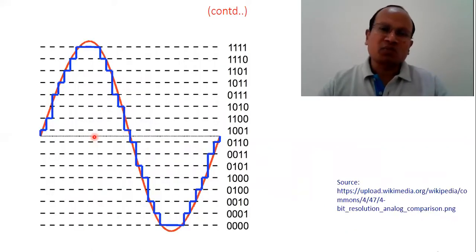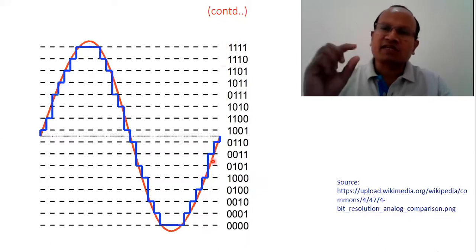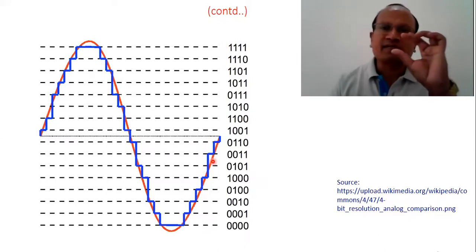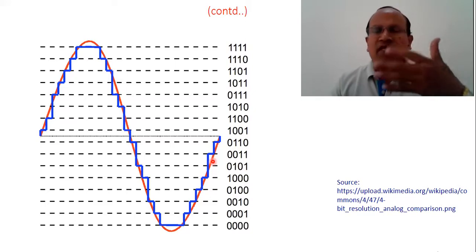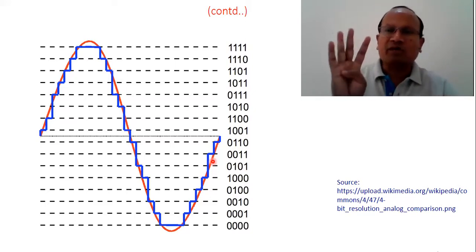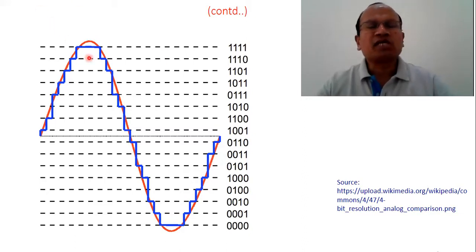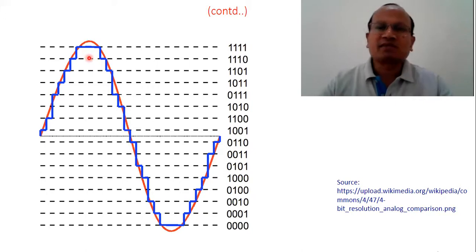There is one more case where you can see the number of bits has increased from 3 to 4. It's because, as you can see in this diagram, there are 16 steps, 16 quantization levels. In order to represent 16 levels, we need a minimum of 4 bits, and those 4 bits are required to encode each of the pulses.